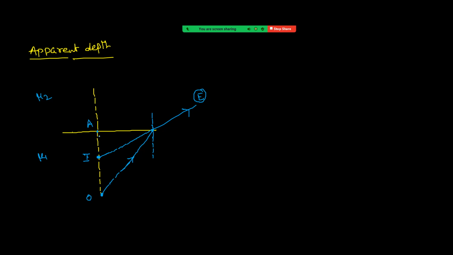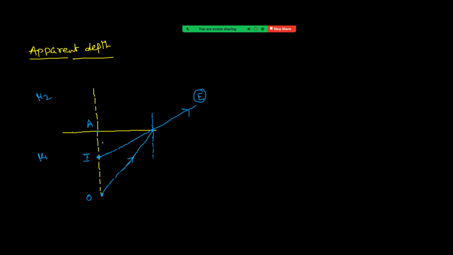That means when light rays are traveling from denser to rarer medium, the object appears to be closer to the surface. For example, if you are looking at fishes inside water, the actual depth of the fish is different from the depth we observe.